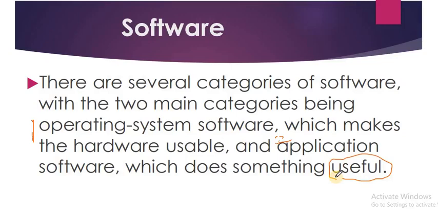So we call it application software. Or, on my computer, I want to do some financial calculation. Then you have to install financial software. Or I want to watch a movie. Then you have to install movie software on your computer. So we refer to these as application software.